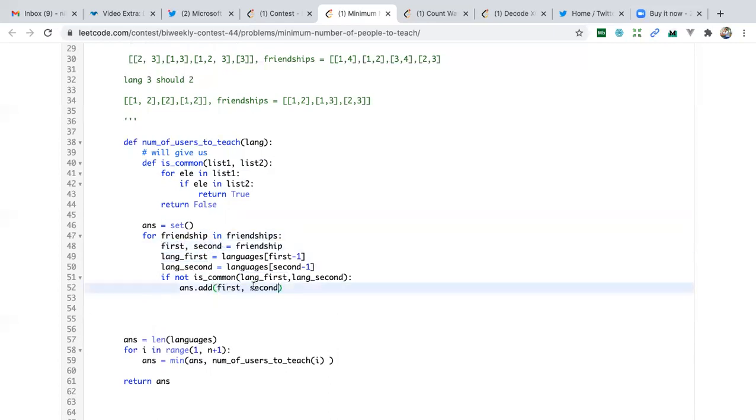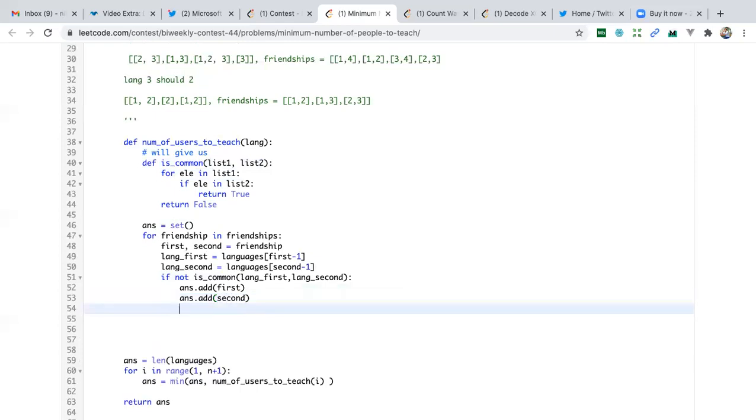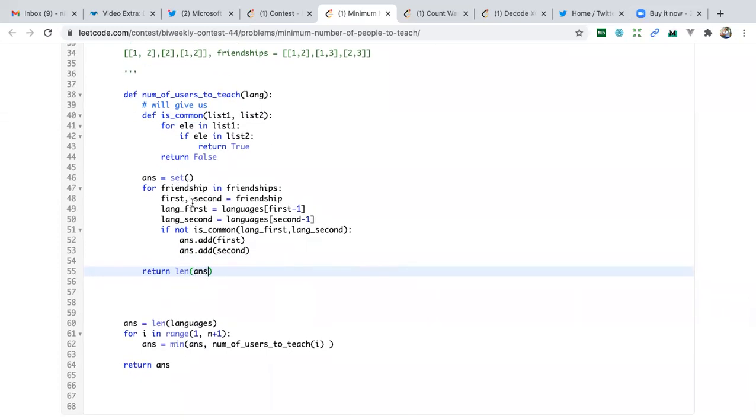Make sense? Yes. And we'll now return the length of answer, right? Okay.